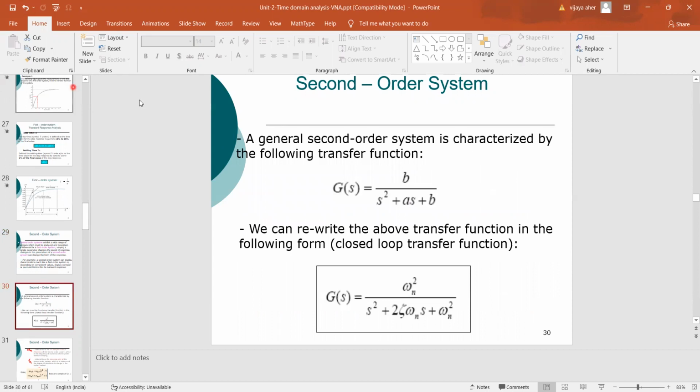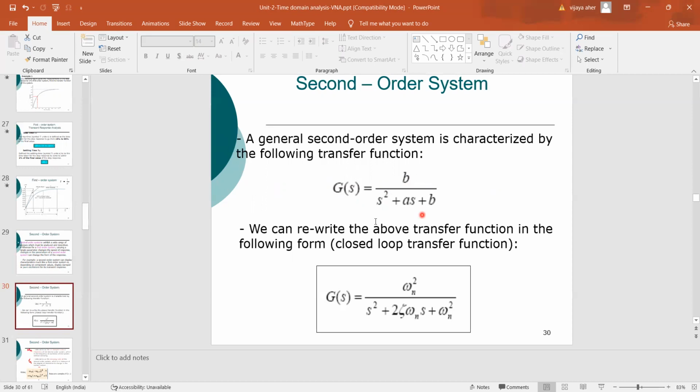A general second order system is characterized by the following transfer function. So you have to remember this equation for second order system. Generally, the transfer function for second order system is characterized by this equation: G of s, the transfer function, is equal to b divided by s square plus a s plus b.